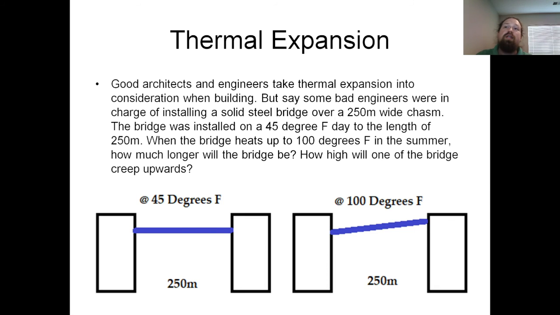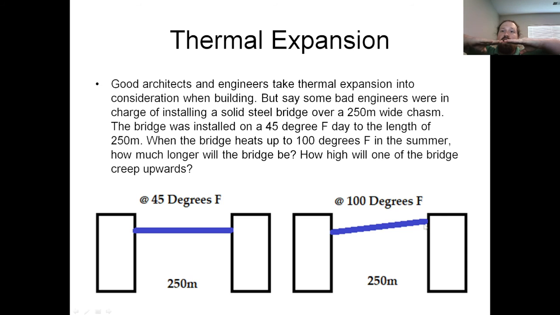So the question that I'm going to propose to you and show the calculations for is, if the bridge was originally 250 meters long on a 45 degree Fahrenheit day, then if it grows up to a certain length on a 100 degree Fahrenheit day, how much higher up is this side going to rise?